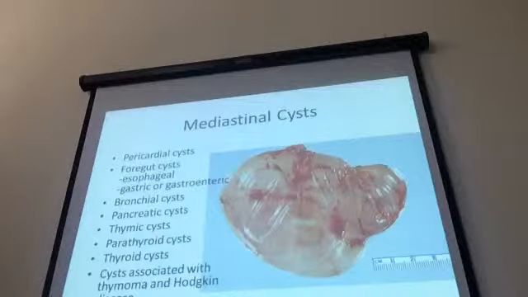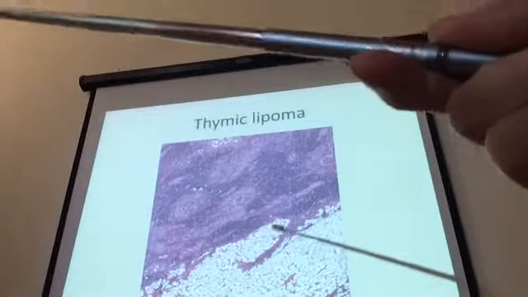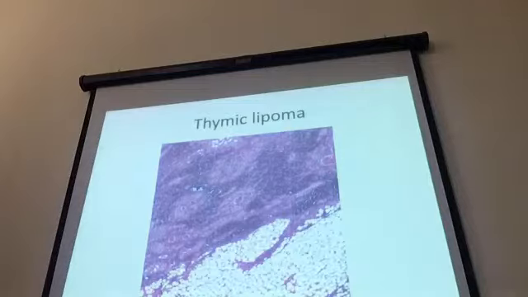So all these cystic lesions will have slightly different lining. I won't go into the histology. You can find those very simply. Another benign tumor that sometimes will occur in the thymus is a very fatty infiltrated lobular lipoma. Again, very easy to recognize and not a diagnostic problem.